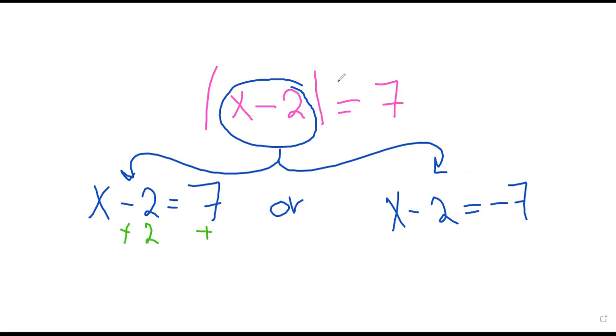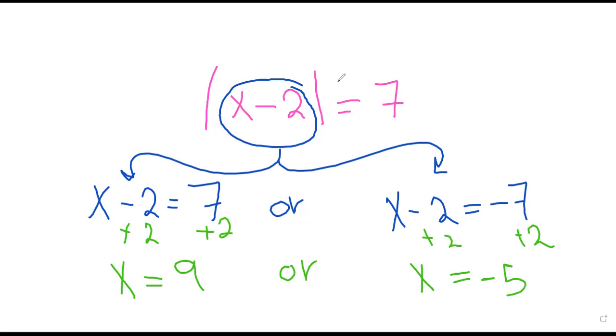I'll add 2 to both sides in order to isolate x. So x is equal to 7 plus 2, which is 9, or I will add 2 also to both sides because I want to isolate x. So x is equal to minus 7 plus 2, which is minus 5.